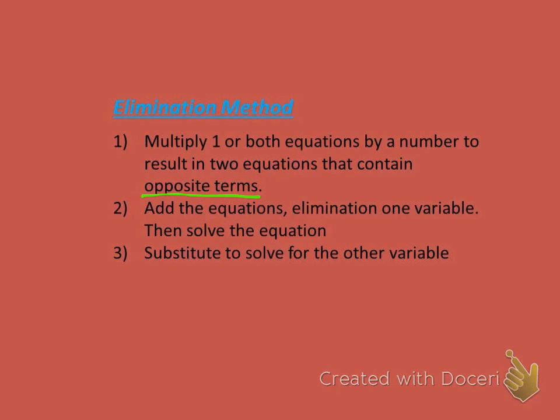Multiply one or both equations by a number to result in 2 equations that contain opposite terms. Opposite terms is the key here. Step 2, add the equations together, eliminating the variable that has the opposite terms. Because what's 4x plus a negative 4x?